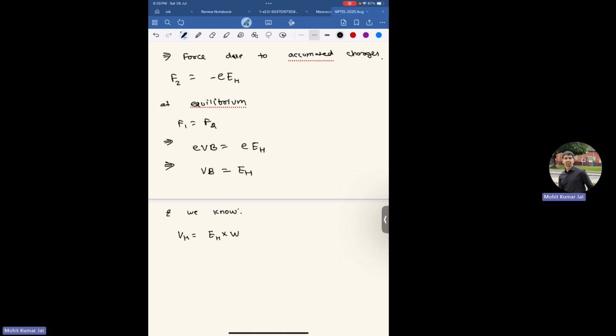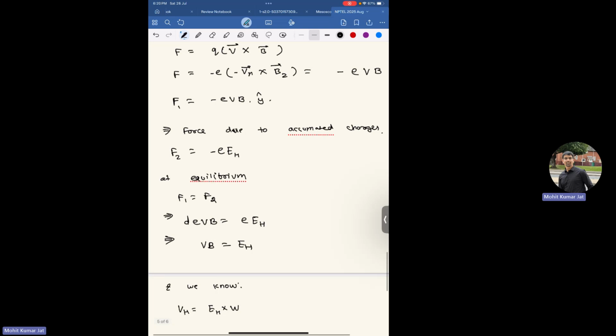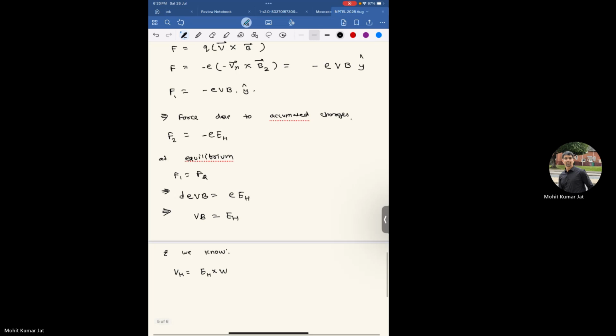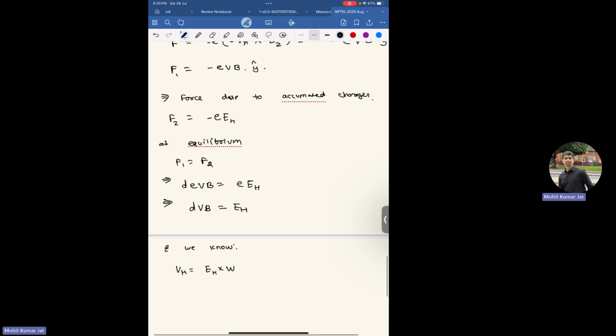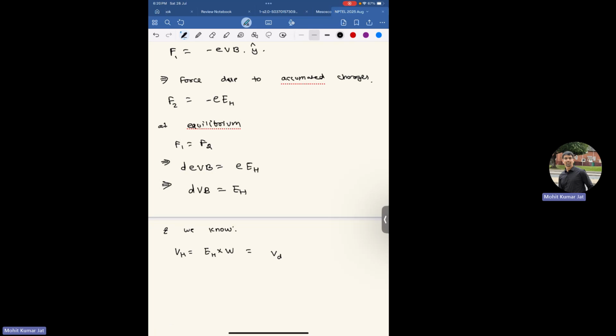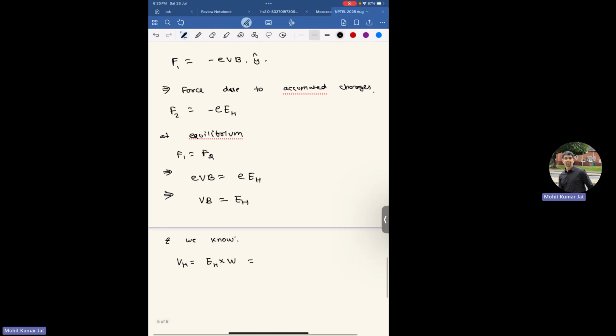Here I missed a factor of B, since this was just the force, B cross B. Yes, it's W. So this will give VD times B times W. So now this EH, I write as V, B, and W.